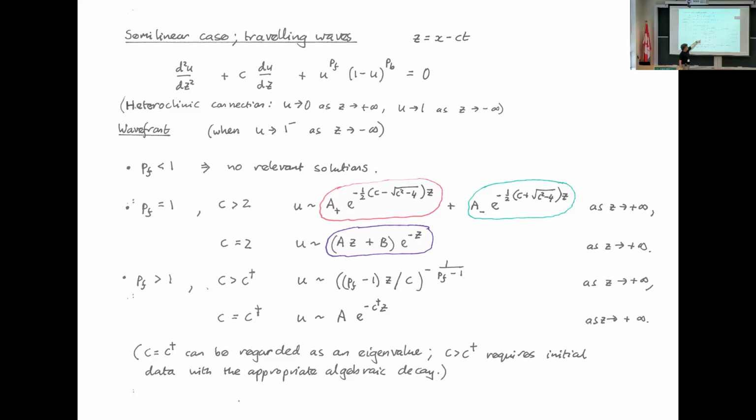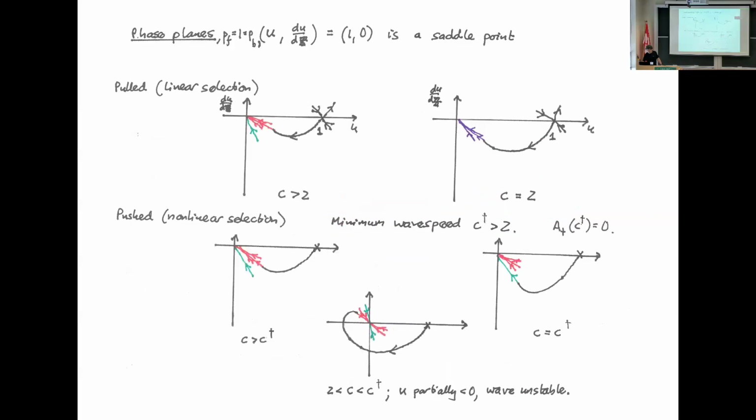But these ones will only appear if the initial data has this decay rate. So for any sensible setup, it's highly non-generic. Okay, so you can think of C dagger as an eigenvalue, which is also what happens for the stable connections.